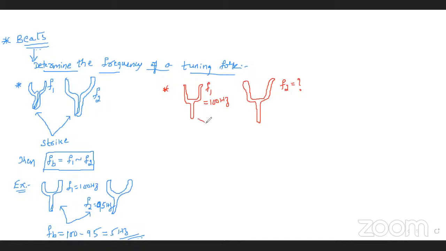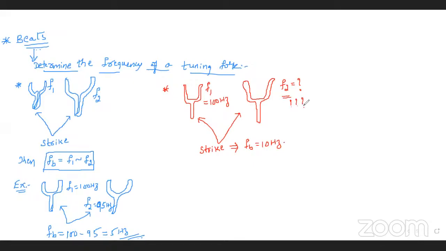Now, when you strike these two tuning forks, what is the beat frequency you are getting? Let us say the beat frequency is 10 Hertz. Can you tell me the value for F2?